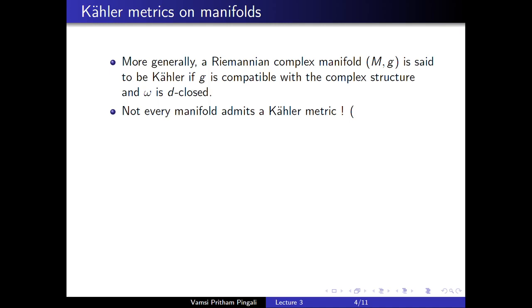By the way, while it may seem very natural, this notion of Kähler, because I told you what it looks like in Cn, there is a deeper reason to study Kähler geometry. We'll see that soon. The notion of Kählerness is forced upon us. It's not something that one just comes up with because of pure luck. So not every manifold admits a Kähler metric.